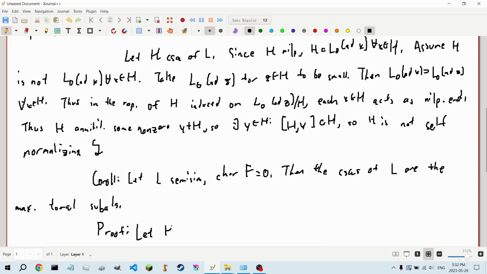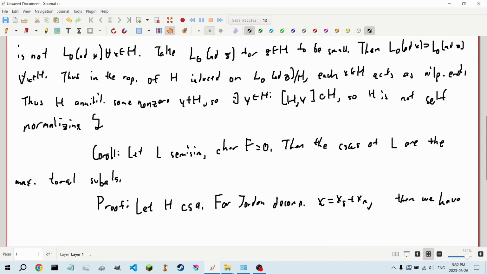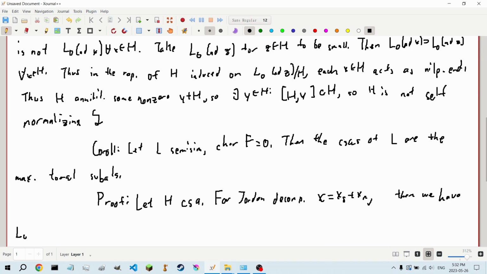So we're going to let H be a Cartan subalgebra. And for the Jordan decomposition of x into the sum of a semisimple and nilpotent component, we have that the L_0 of the adjoint of x_s is within the L_0 of the adjoint of x.